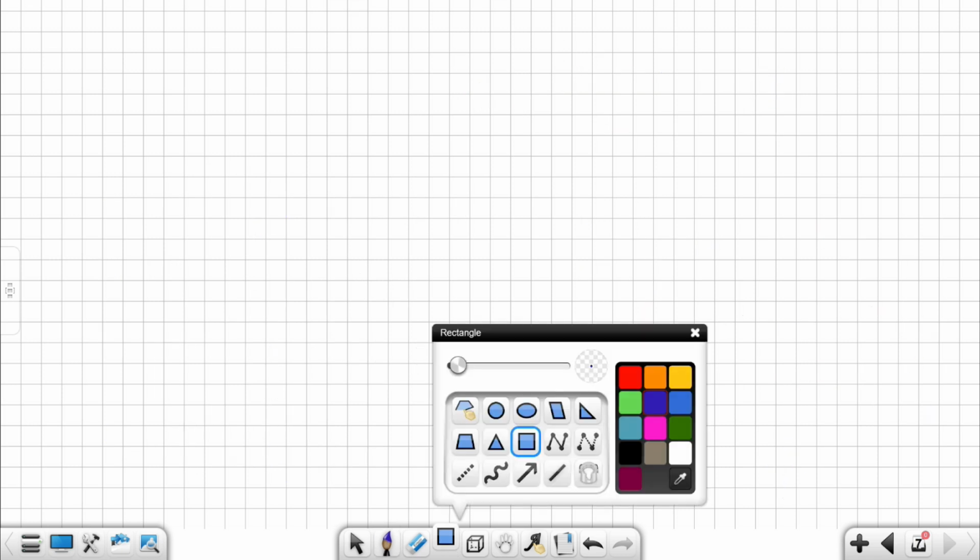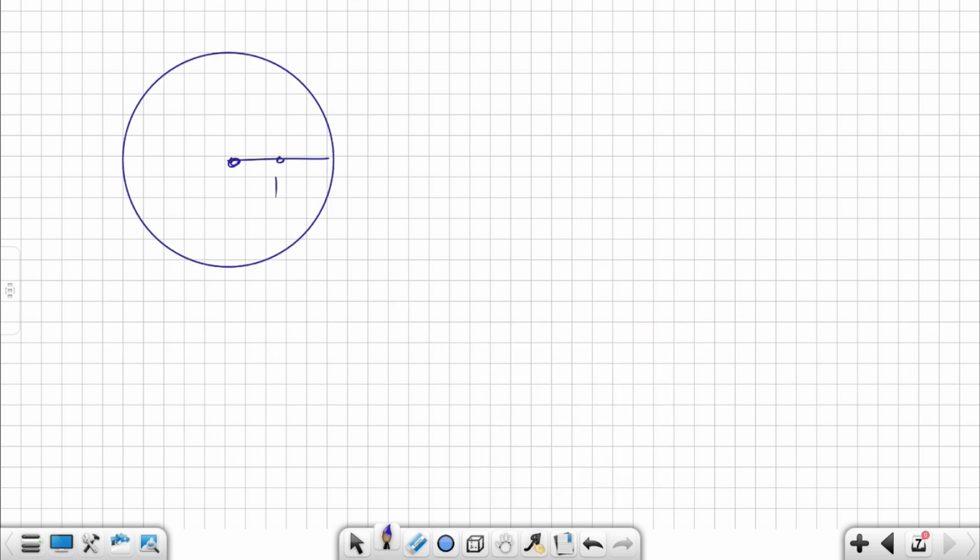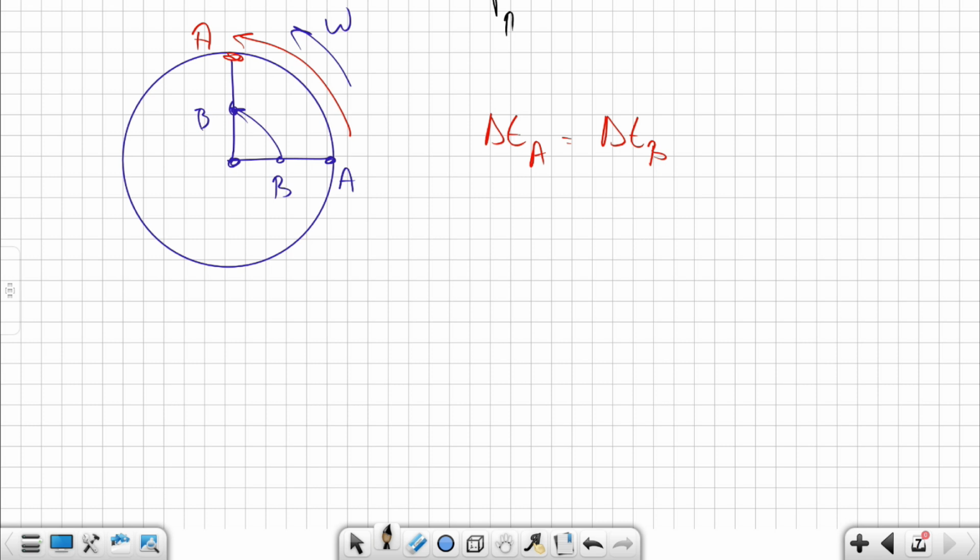When we have different points, I will choose this point as B, this point as A, and I will rotate it in counterclockwise direction. I will see that point B after a time interval comes here, point A also comes here. Now they have the same delta time, of course, so delta time for A is equal to delta time for B. And I know that the radius for A is bigger than the radius for B. B has rotated through an angle of 90 degrees.